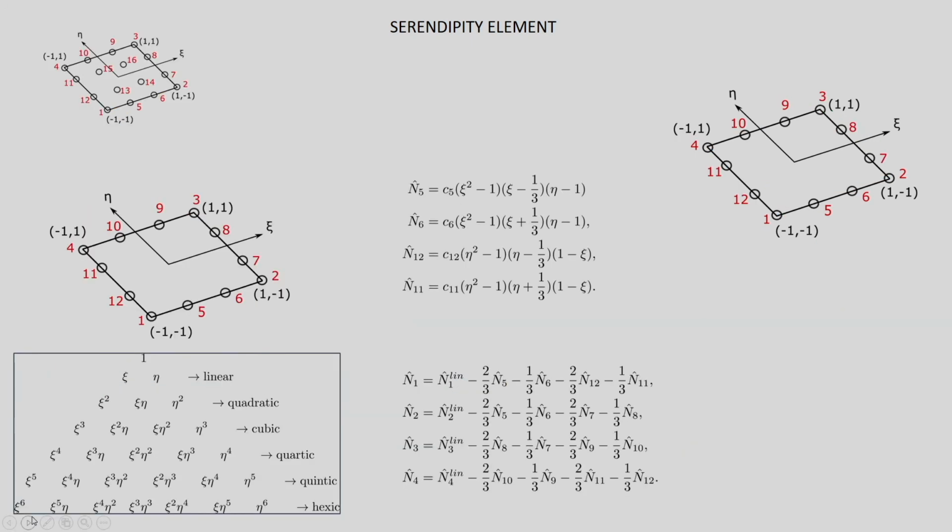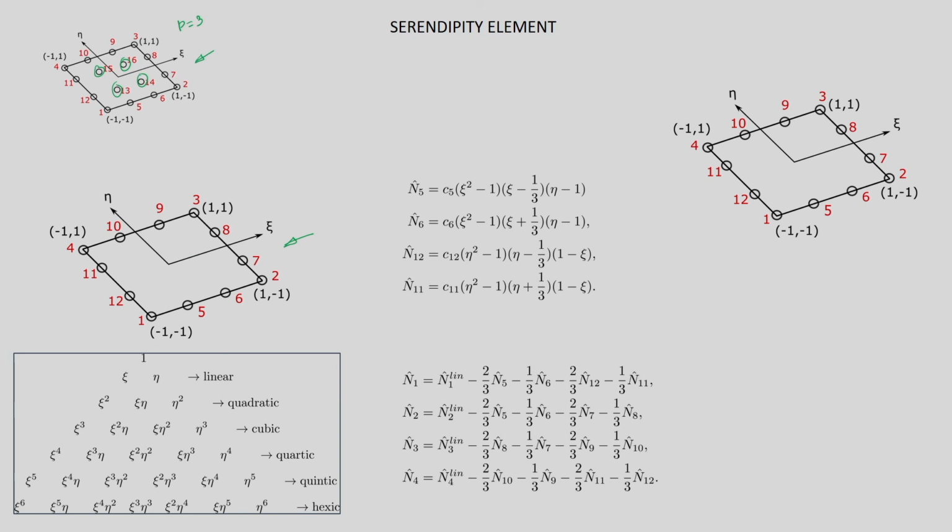So, for p equal to 3, here I have shown the original tensor product family of shape functions, where we had 4 internal nodes and corresponding phi i's. Now, our objective is to avoid these internal nodes. So, here we have redrawn the same element, where the internal nodes are avoided.